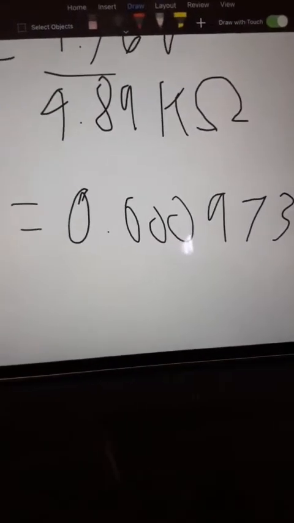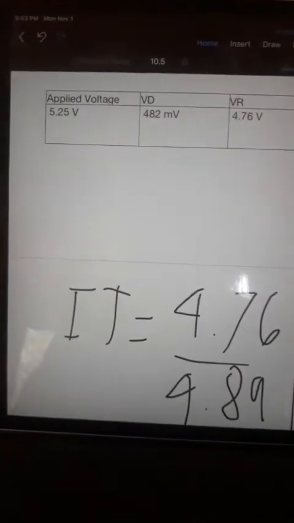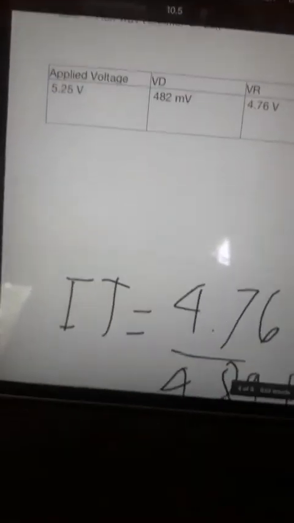Oh, that's our total current. So now that we have our unknown variables, we're going to draw the waves of the output and input.